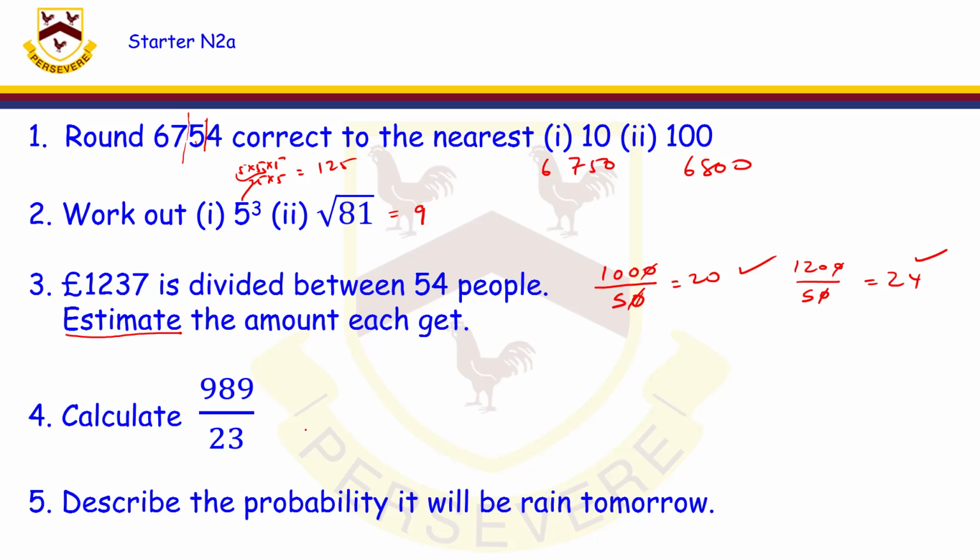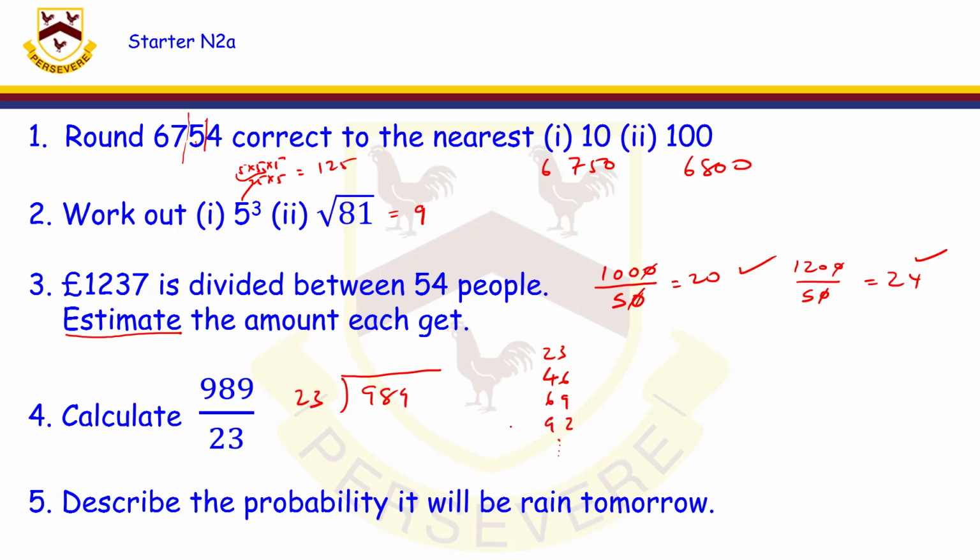Question number 4, calculate 989 divided by 23. Well, I'm going to use the bus shelter method. 989 divided by 23. Don't know my 23 times table, so I'm going to write it down here. 46, 69 and 92.